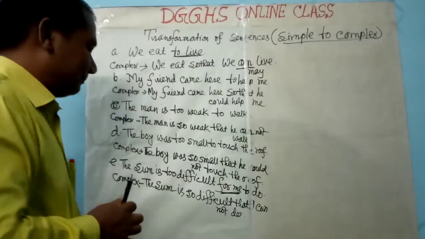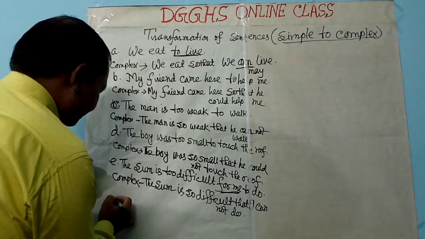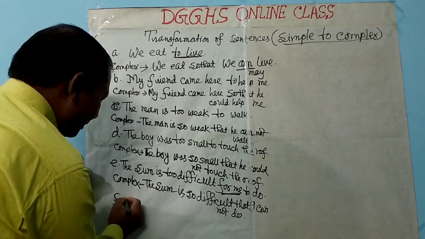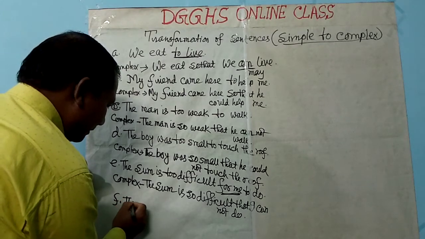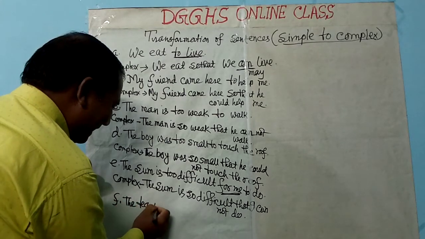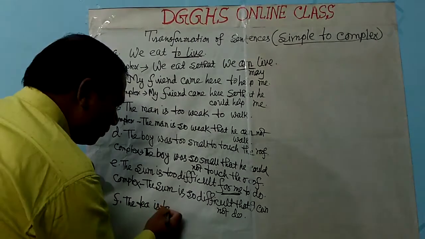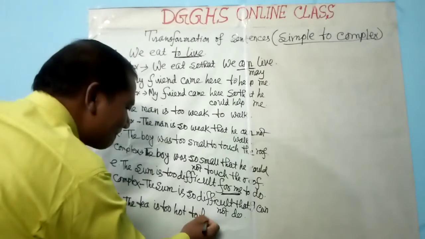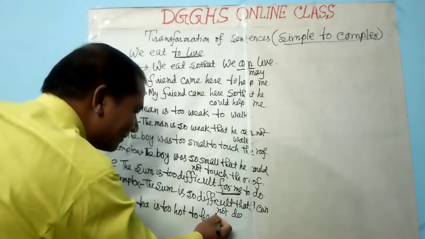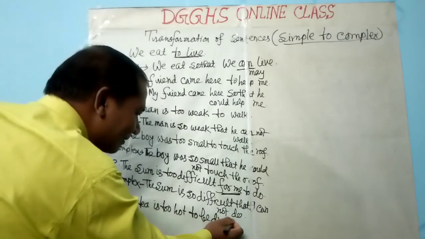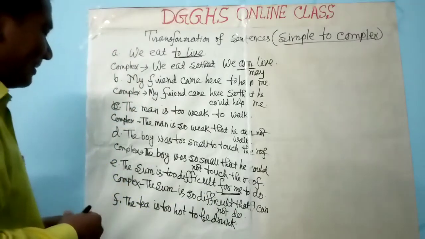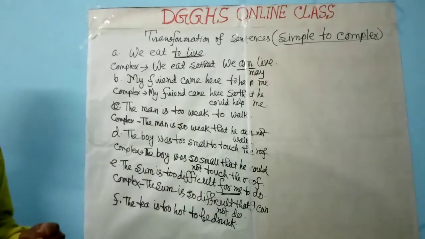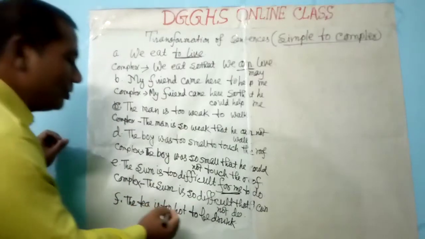You see here, the tea is too hot to be drunk. The tea is too hot to be drunk. Here we find to be drunk.